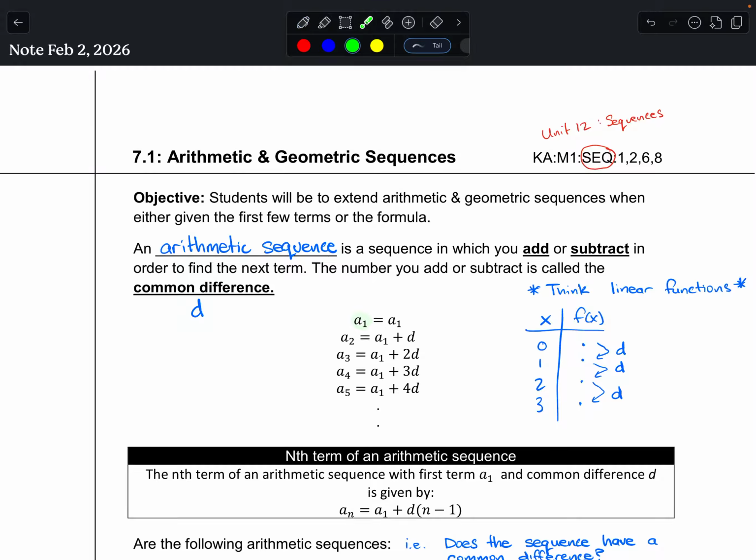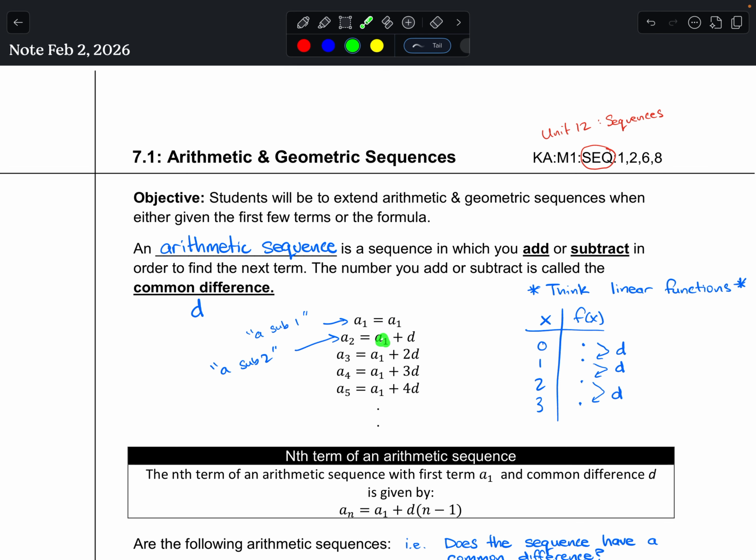A1 is actually written A with a subscript of 1, so when you read this out loud, we're going to call this A sub 1, and this would be A sub 2, and so on. A1 is just the first term.